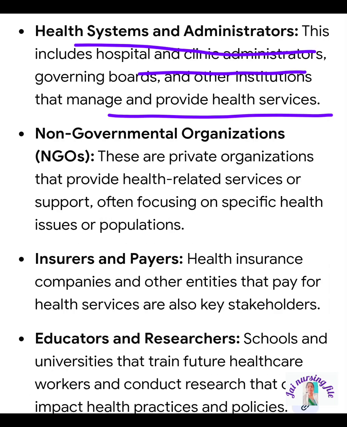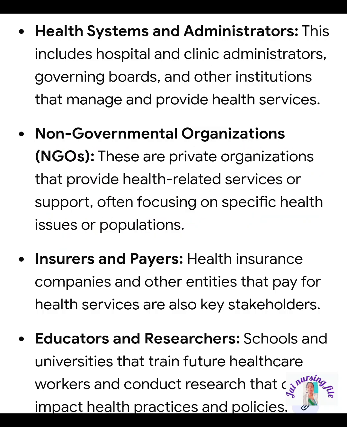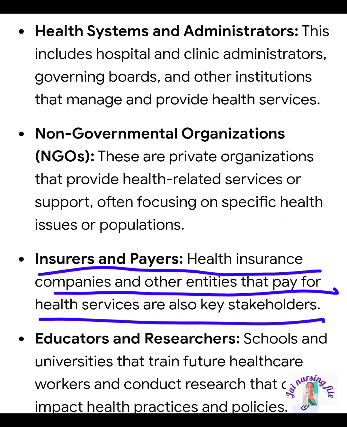And next one, health system and administration. This includes hospital and clinic administrators, governing boards and other institutions. And non-governmental organizations, NGOs. These are private organizations that provide health related services and support, and often focus on specific health issues or populations. And then insurer or payer.